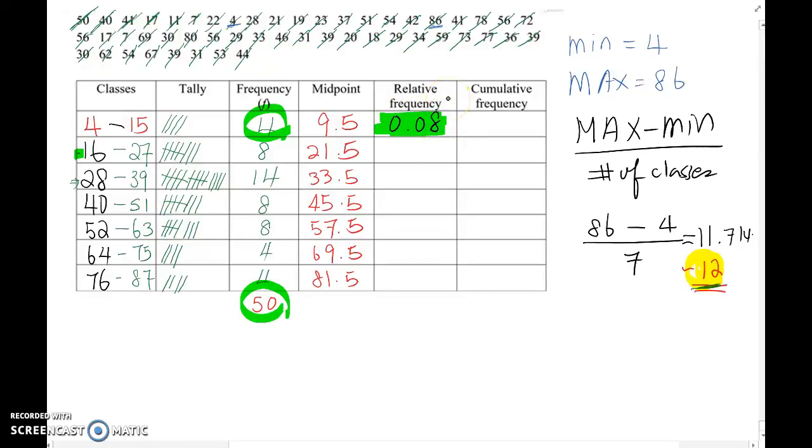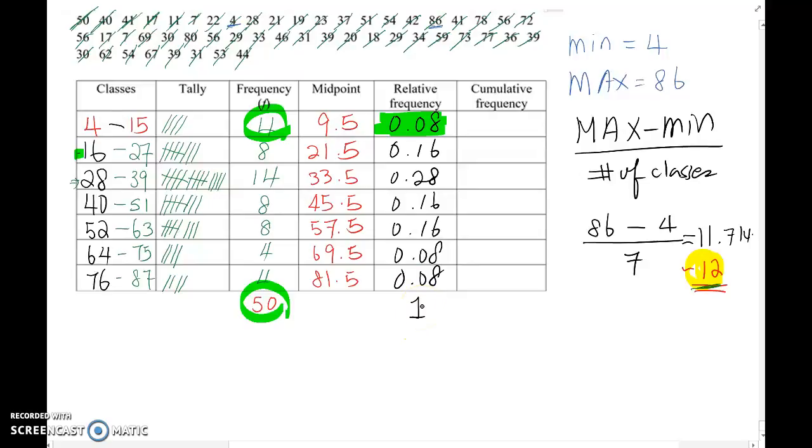The same way, you just do 8 divided by 50 and 14 divided by 50 like that. Please pause this video again, calculate all the relative frequencies and come back to this video. After you calculate all the relative frequencies, you will get these values. And if you add all the relative frequencies, their sum must be equal to 1.